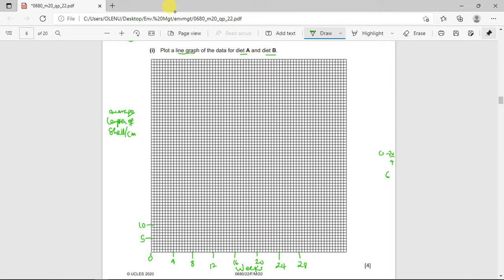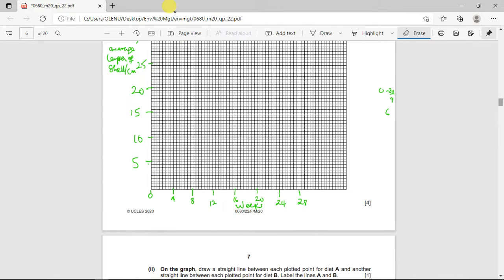It looks too small for me. I normally love graphs to be large, so I'll clean this off. I'll make it 5, 10, 15, 20, 25, 30. So once I have this, the only thing I need to do now is to plot.